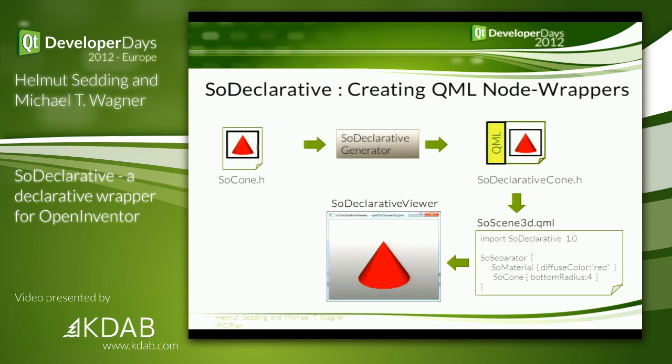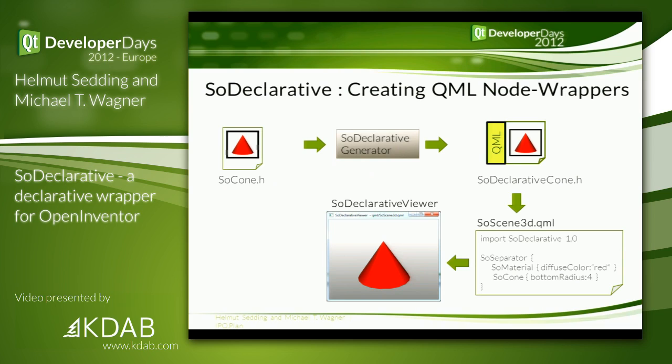Now, we like this easy way of defining 3D scenes. So we thought, well, we do all this QML stuff, so why don't we do it for the 3D environment as well? Let's create a QML binding for all these OpenInventor nodes, so that it can be used the same way as your QML definitions.